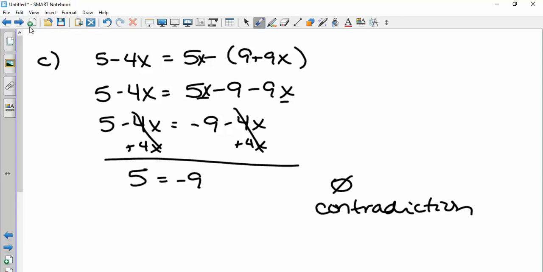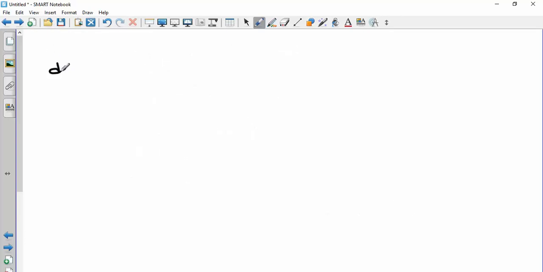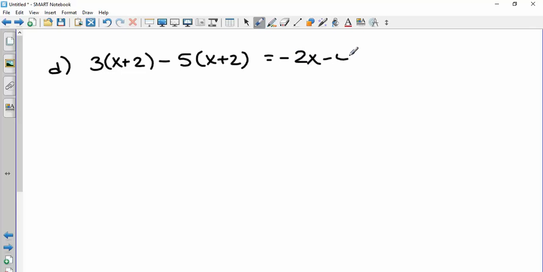Last one to review from this section. Let's say I gave you this problem.